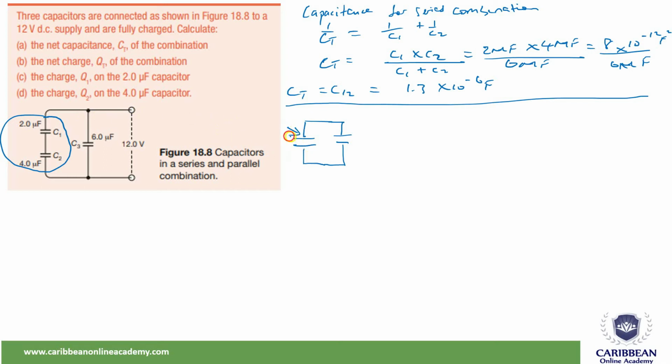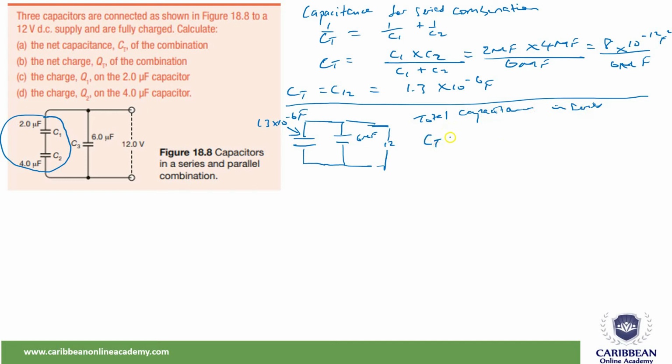So this capacitor is the 1.3 times 10 to the minus 6 farad capacitor, and that is now in parallel with a 6 microfarad capacitor, if you follow me. So to find the total capacitance in parallel, we are going to add them.